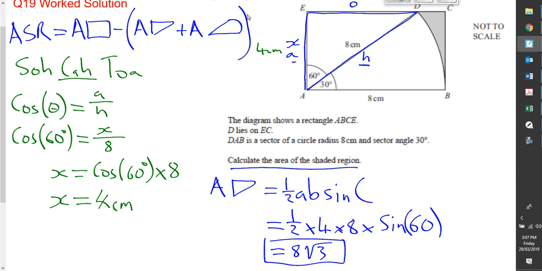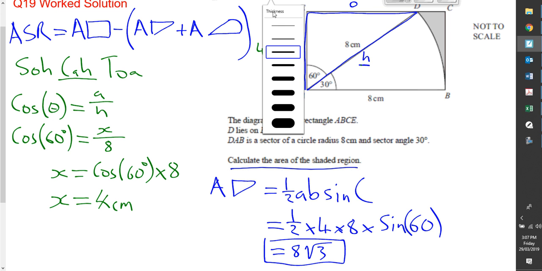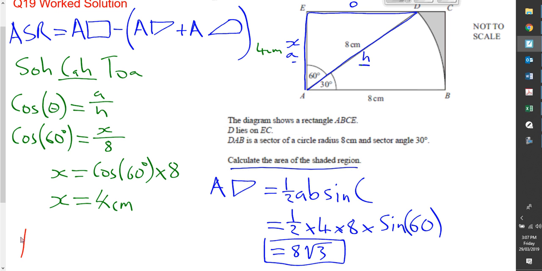So let's go for a different flavour here for the area of our sector. We know that the full angle around the whole circle is 360 degrees, but we don't have the whole circle, we've just got a sector of that circle.